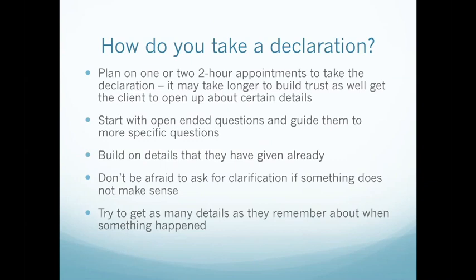And in general, you want to focus on one of the first times things happened. If it was a repeated series of events, the first time something happened, and then specific events that were really bad that stand out in their mind.